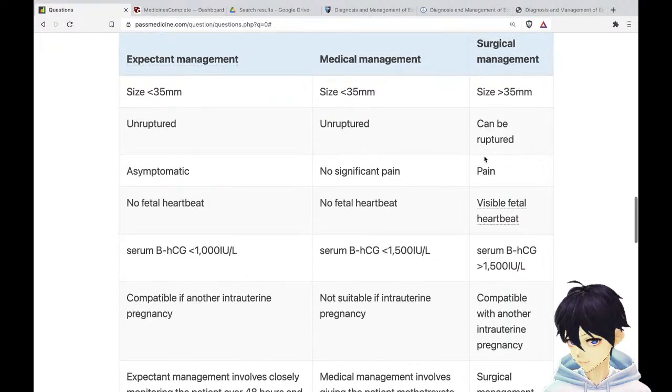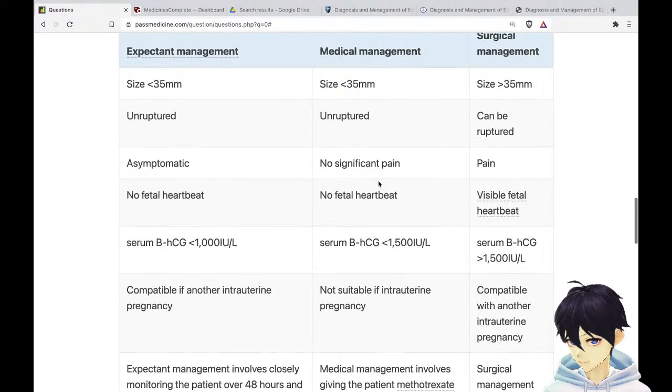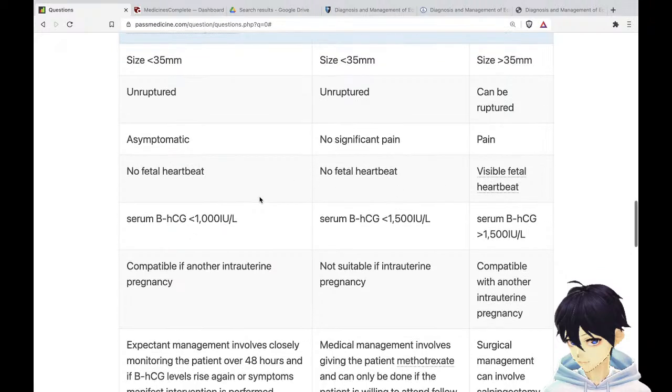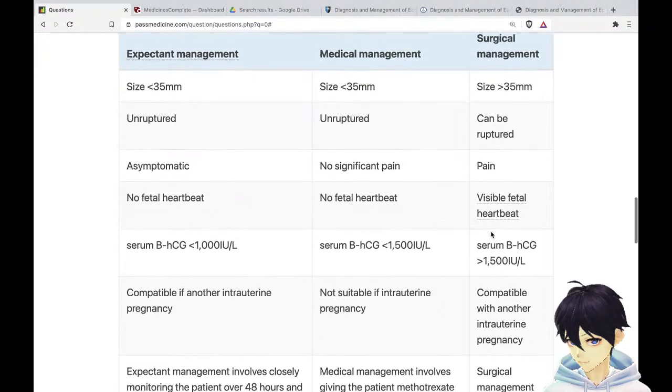If there's pain, then you have to do surgical. No significant pain, medical. Asymptomatic, expectant. When there's a fetal heartbeat, then you have to do surgical. Beta HCG more than 1,500, then you have to do surgical.